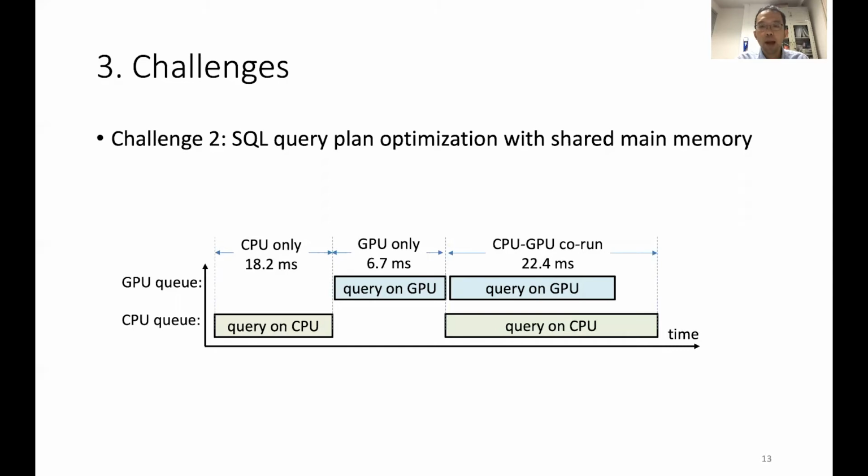We need to analyze the memory bandwidth requirement of co-running. Third, CPUs and GPUs have different preferred memory access patterns. Current methods do not consider these complex situations of shared main memory in the integrated architectures.